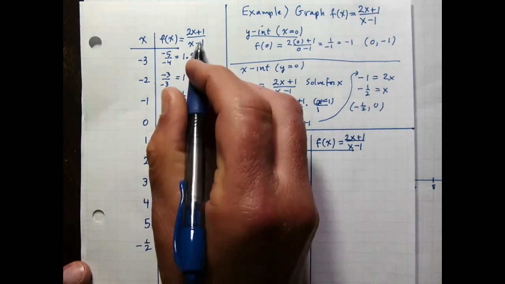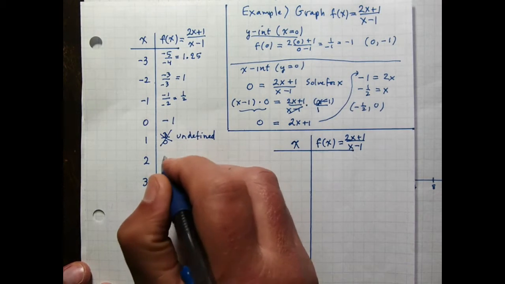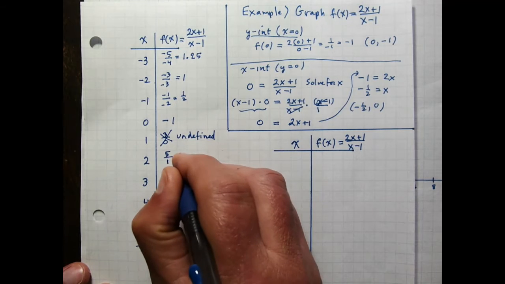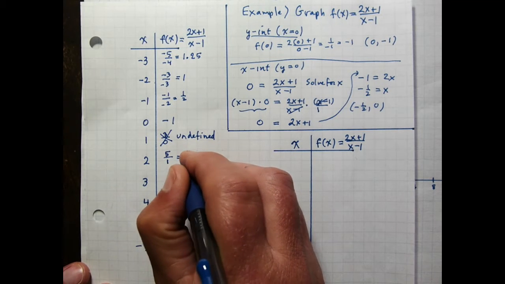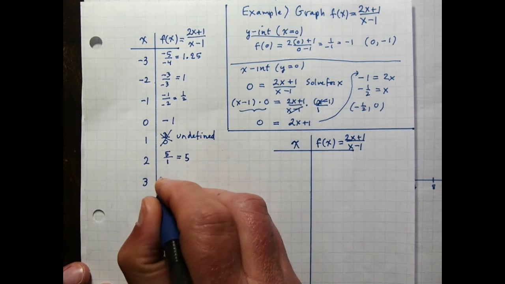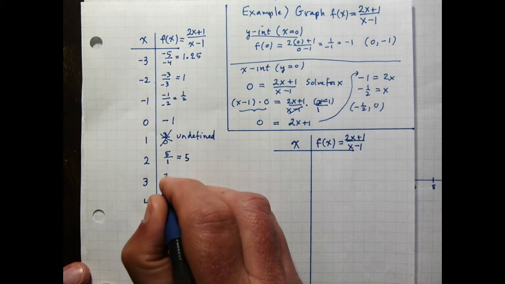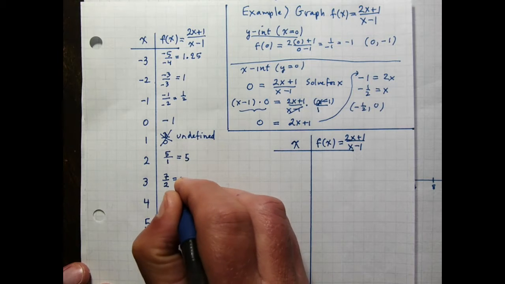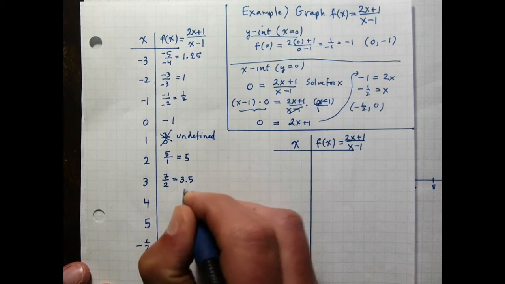If I plug 2 into the function expression, 2 times 2 is 4 plus 1 is 5 over 2 minus 1 is 1, so I get 5. If I plug in 3, 2 times 3 is 6 plus 1 is 7 over 3 minus 1 is 2. 7/2 is 3.5.